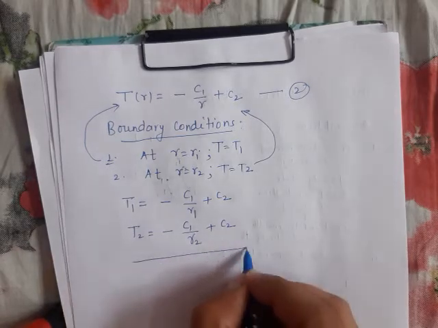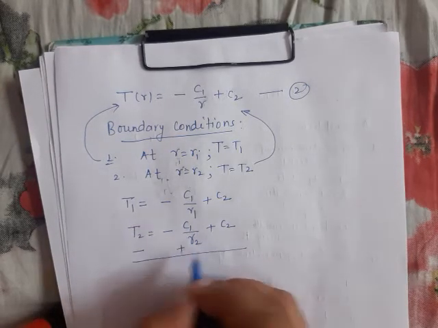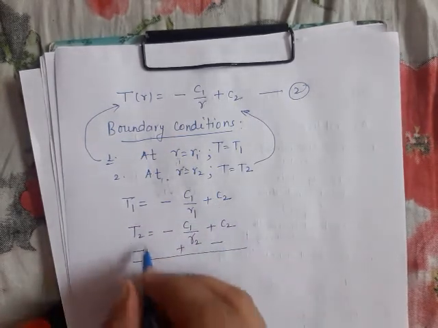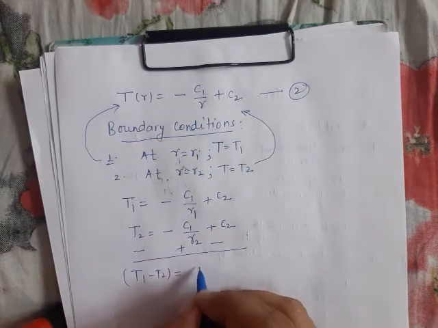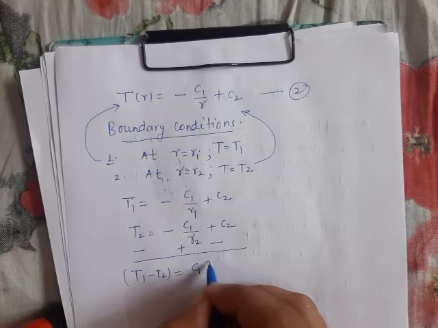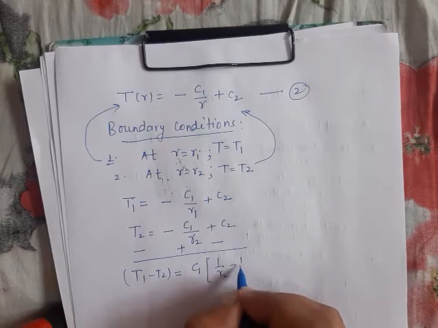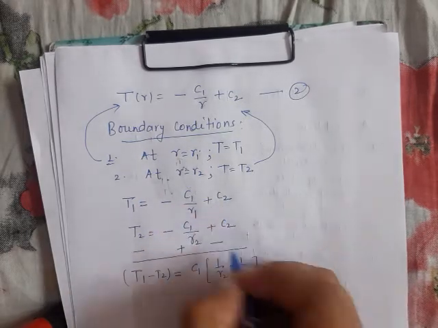Now let's subtract this from the first. We will have T1 minus T2 equals C1 times (1 upon R2 minus 1 upon R1), and this C2 cancels out.